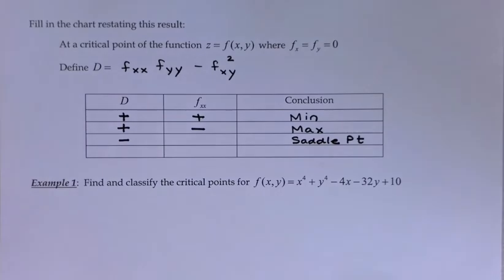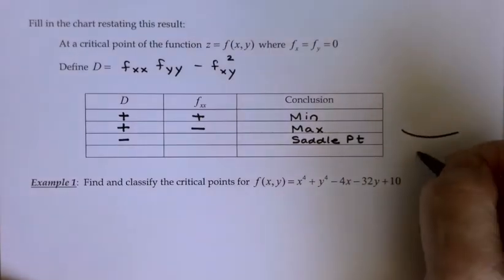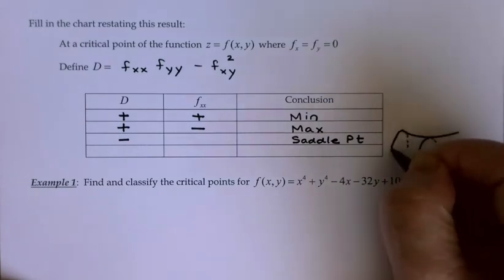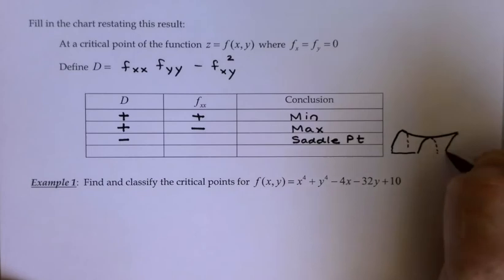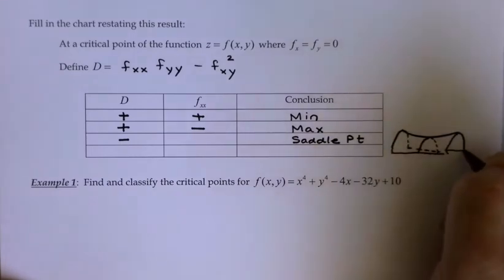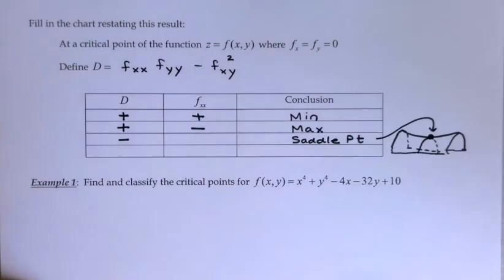And a saddle point is one of those places where from one direction it looks like a minimum, and another direction it looks like a maximum, just like a saddle. The hyperbolic paraboloid is the easiest illustration of that. Right here is what you would call a saddle point.